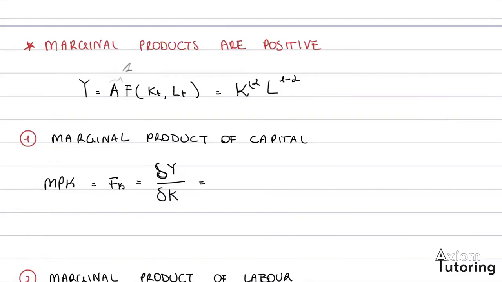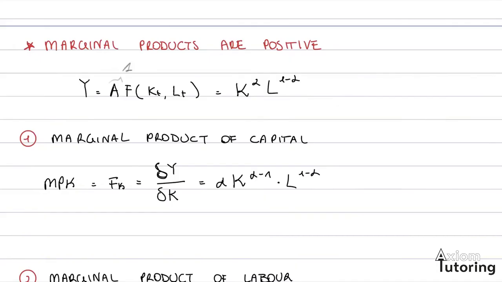So we are going to follow the chain rule and take the power of alpha down, multiplied by K to the power of alpha minus 1, as we also need to subtract one from the exponent, and then multiply all of this times L to the power of 1 minus alpha. As we said, we are treating it as a constant.